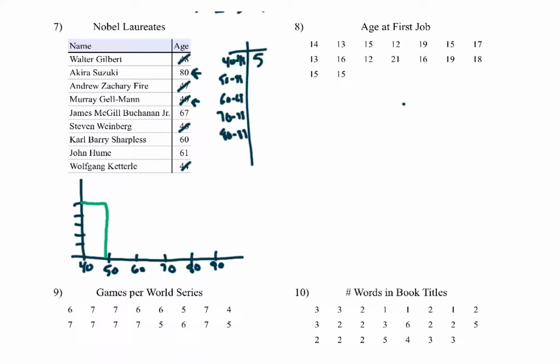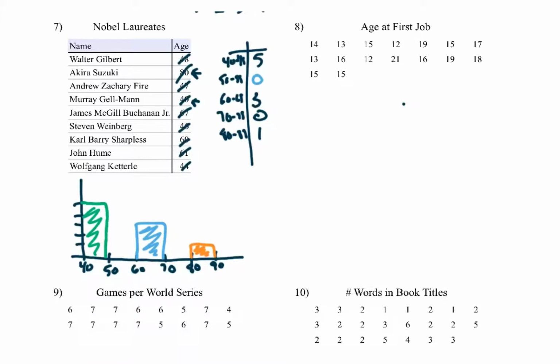Then there's none at 50. Then at 60, 1, 2, 3. So at 60 we'd have up to 3 in that range. Color this one in too. And then none at 70 and one at 80. So from 80, oops, too far up. Only need to go up to 1 right there.